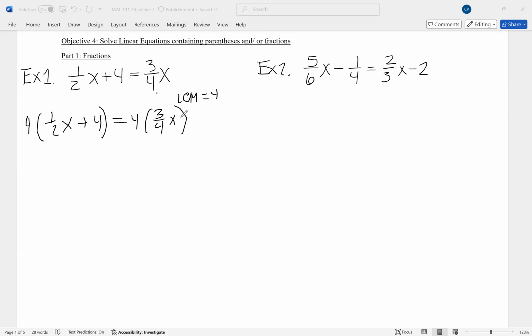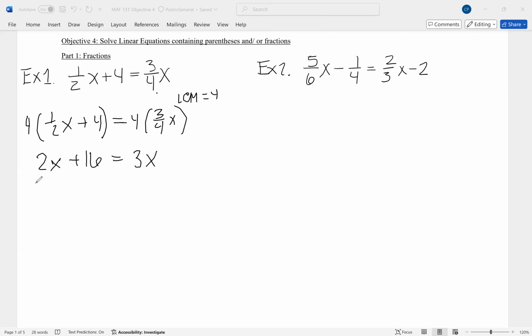So 4 times 1/2 x is going to give us 2x. 4 times 4 is going to give us plus 16. Bring the equal sign down, and 4 times 3 over 4x is going to give us 3x, okay? Now we're going to continue by solving for x.